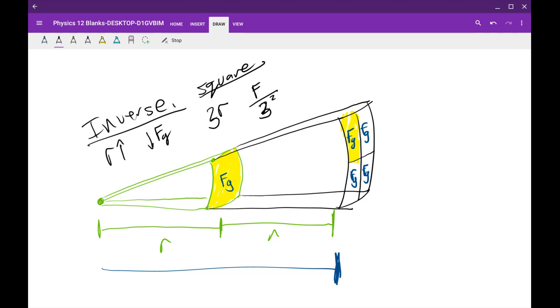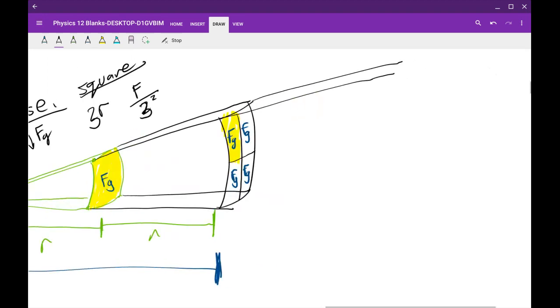I'll draw this. This is obviously going to be a disaster, but it might actually work.